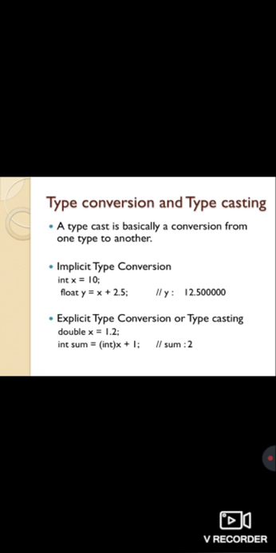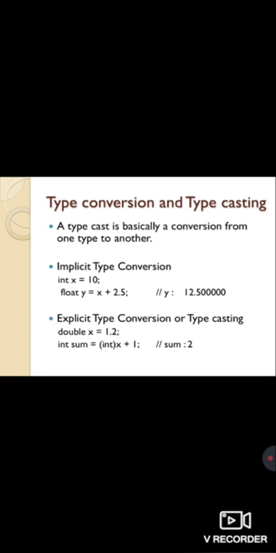For example, double x = 1.2. Here x is a variable of the type double and we are assigning the value 1.2 to the variable x. Now int sum is a variable of the type integer and, within brackets, (int)x + 1. With this particular syntax, (int)x, the double data type is converted to the integer data type.